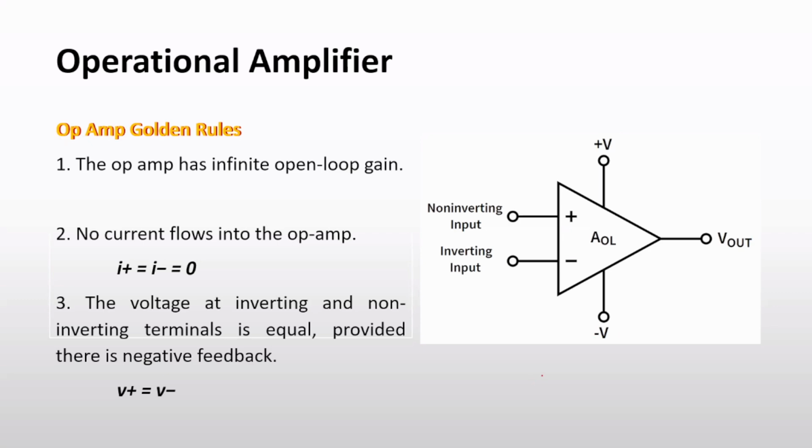So now you know the gain. You can get the gain as V out over V in. That means if we get V2 minus V1, so this is the gain.